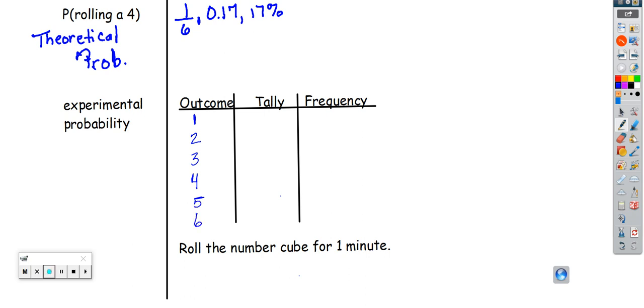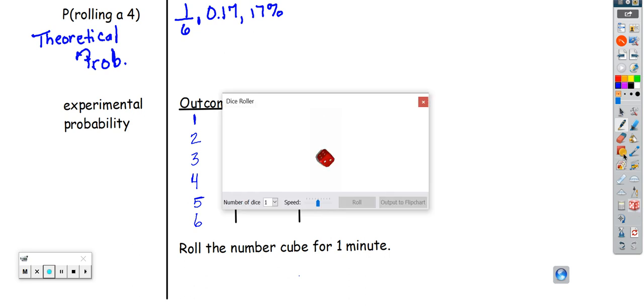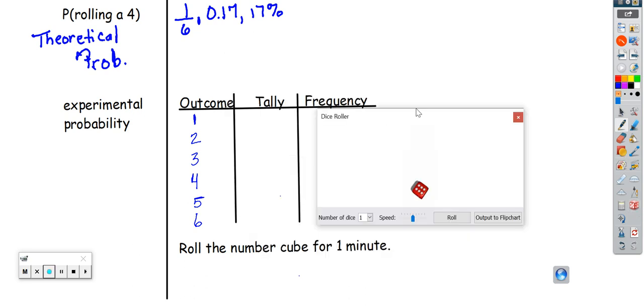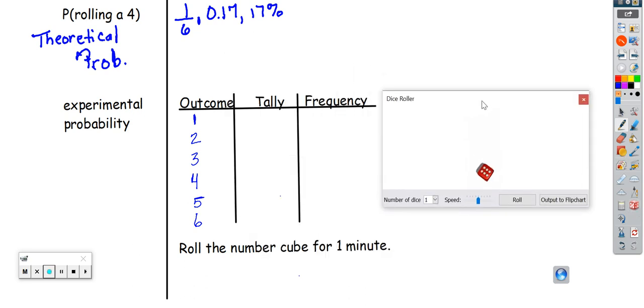All right, let's get our die out. I'm going to move it over here so we can actually see what we're doing. I'm going to set my timer for a minute, and we're going to see how many times we actually roll a 4. Here we go. That's a 2, so we're just going to put a tally mark whenever we get one of our numbers.